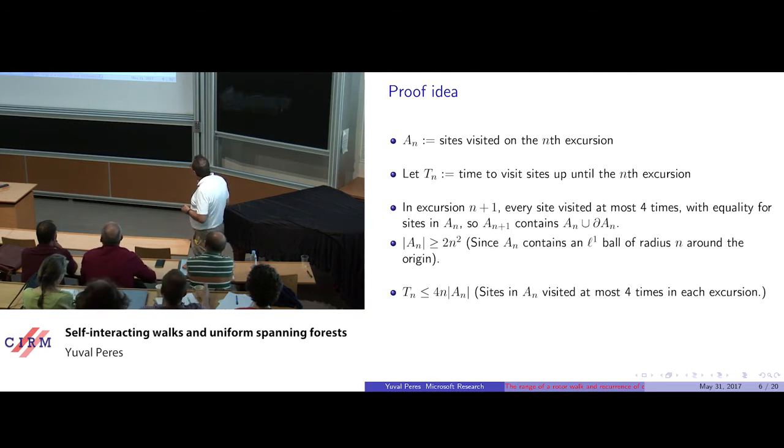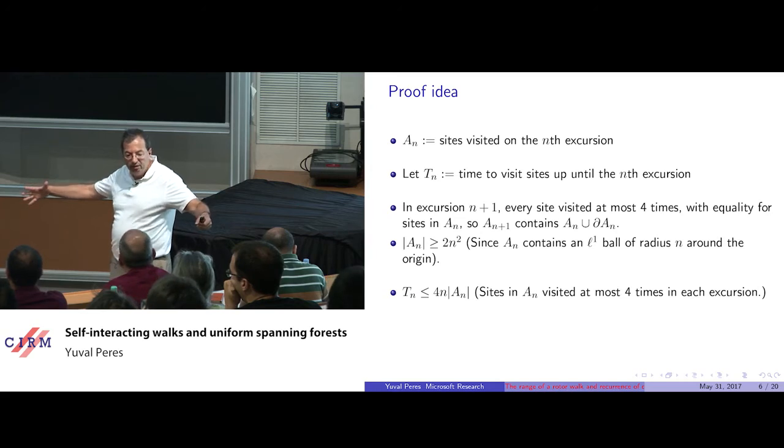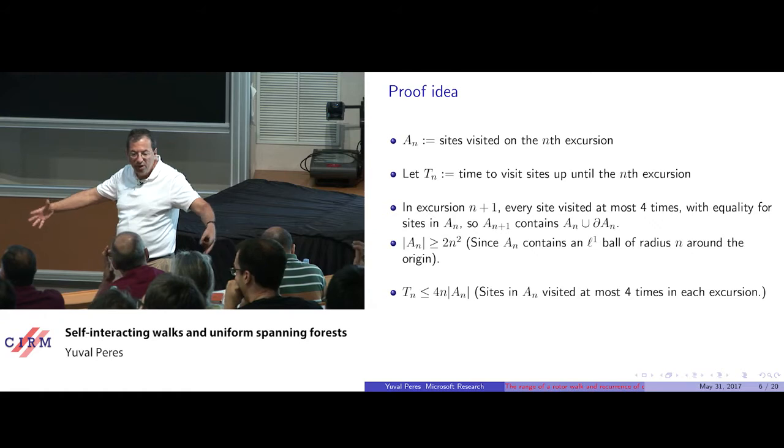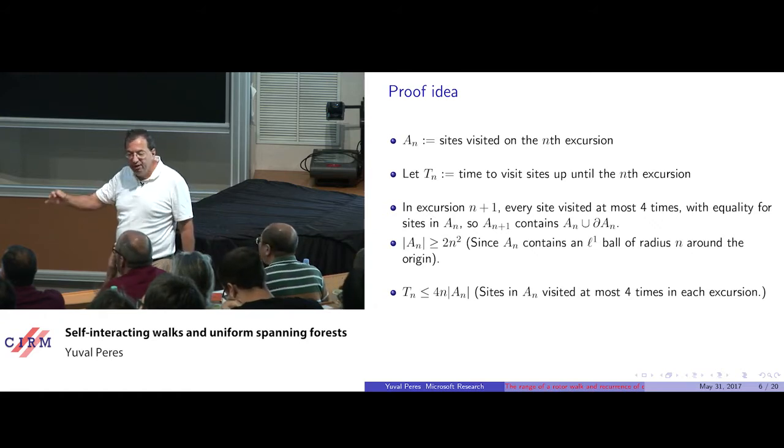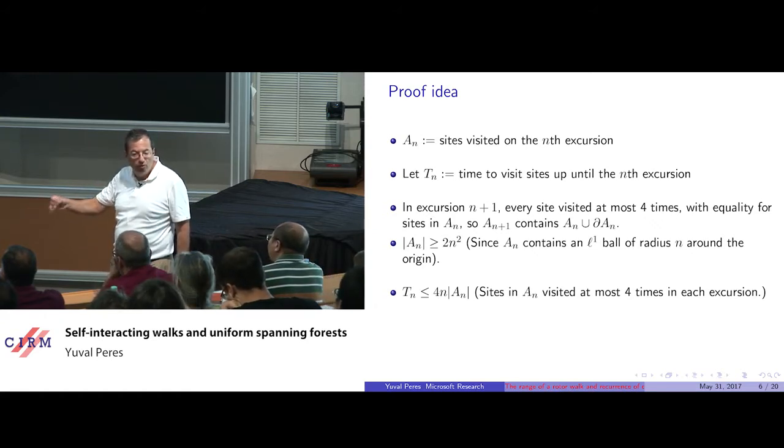Okay, so that's why every site in an excursion is visited at most 4 times, and so the total time is at most the size of A_n, because A_n contains all the previous excursions, times 4n, because every site in A_n is visited at most 4n times in these n excursions.